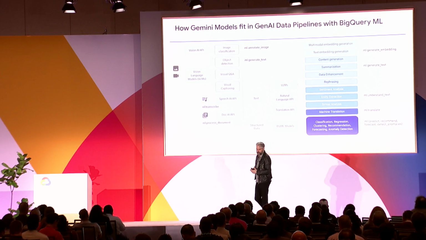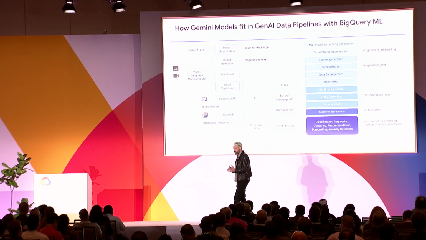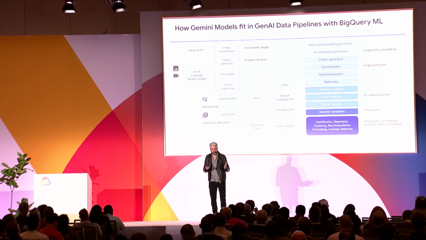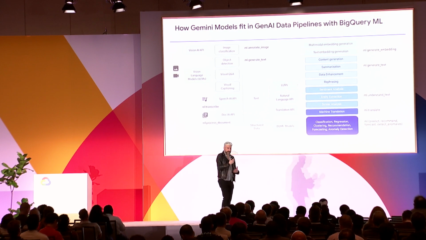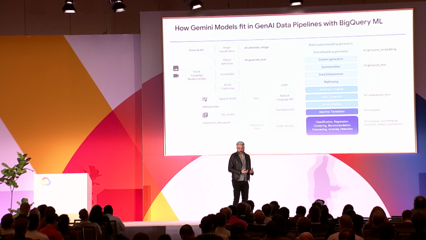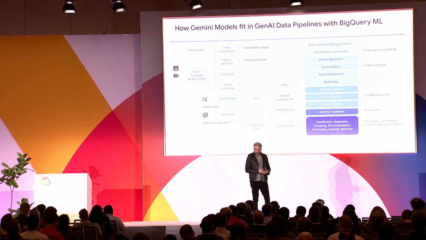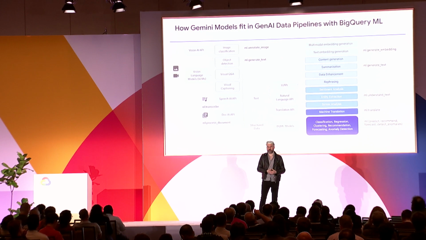Moving into more of the traditional stack around text, you can see we have a bevy of different functions that cover both data enhancement, entity extraction, but also generate embeddings, which is really an emerging capability for us.